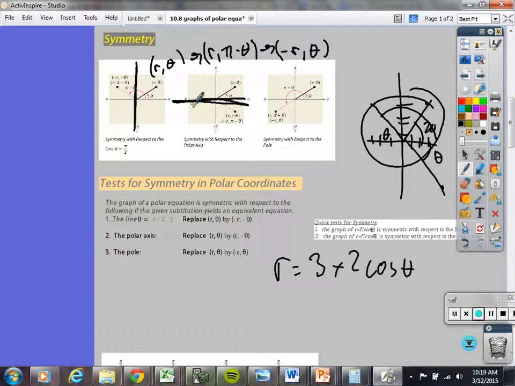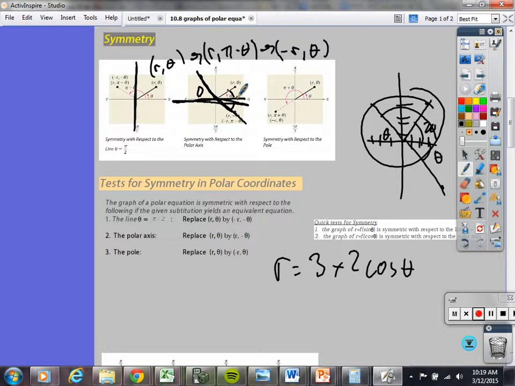So I'm going to start here. And notice, if you have r theta, wouldn't it be r negative theta because it's the same angle, but it's just going backwards? So your radius is the same, but your angle is going backwards. Or you can call yourself negative r. So you're up here. See how this line and this line are on the same axis? So this is theta.